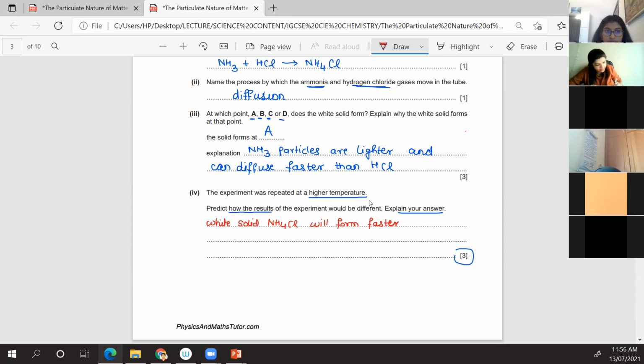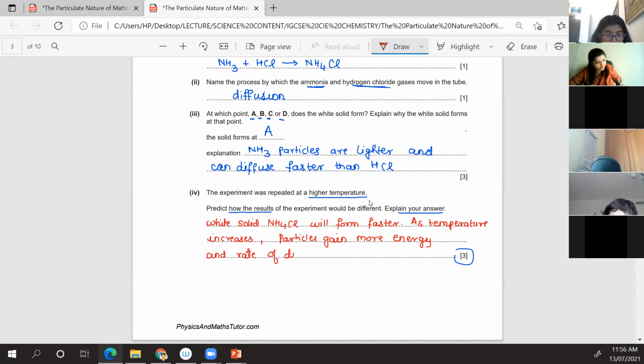It will form faster because as temperature increases, particles gain more energy and the rate of diffusion will be faster. For 3 marks we have to write 3 points properly. Particles gain more energy and diffusion will be faster.